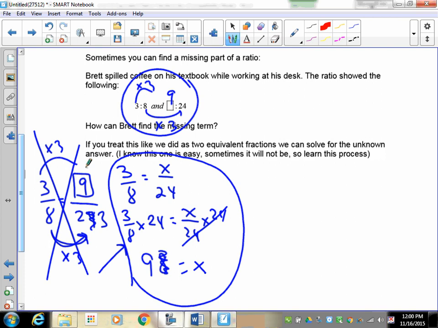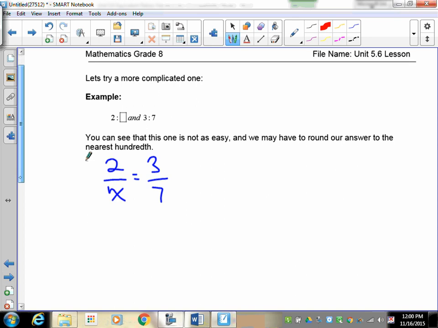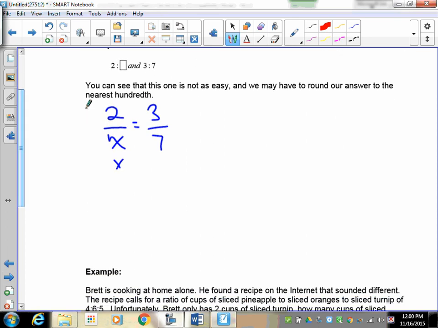It'll be easier. Okay, now, 2 to blank and 3 to 7. So, first one over our unknown, I'll call it the x. First one over 7. We have just hit a flip question. So here we go. Flip both sides. Multiply both sides by the number under the variable, which is the 2.